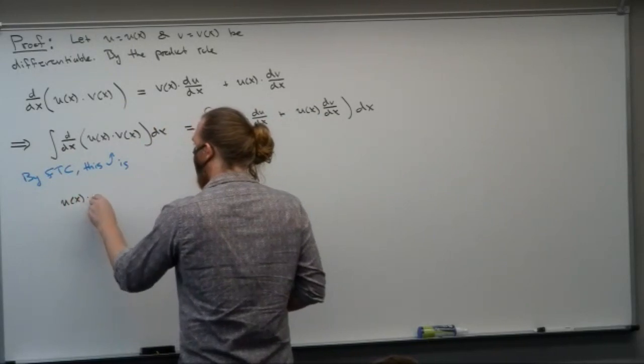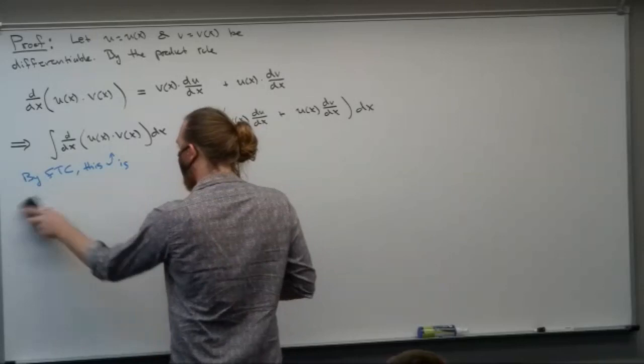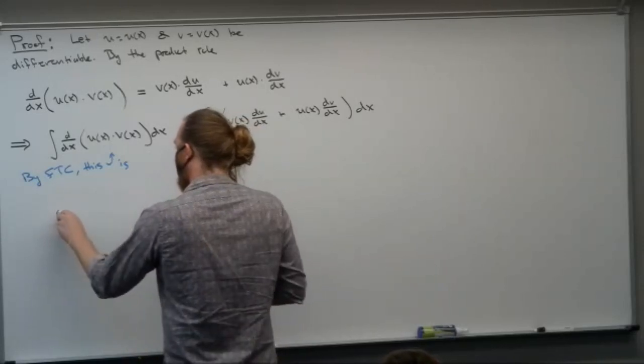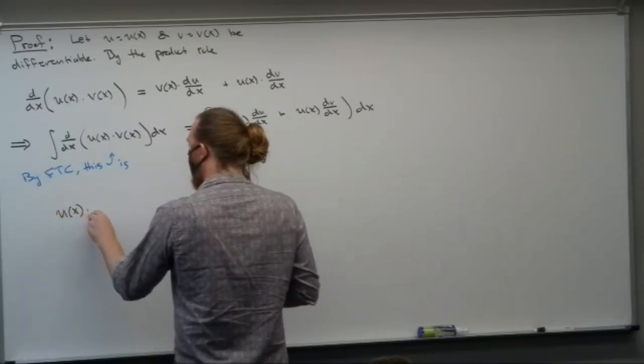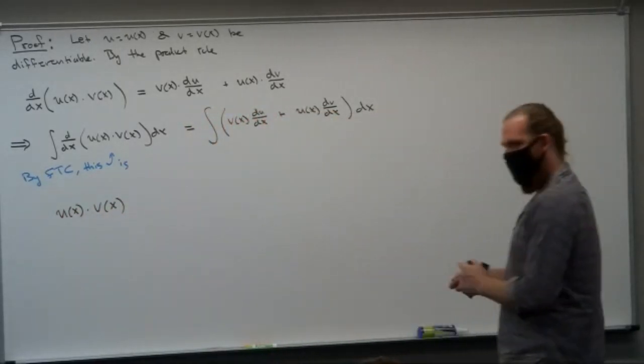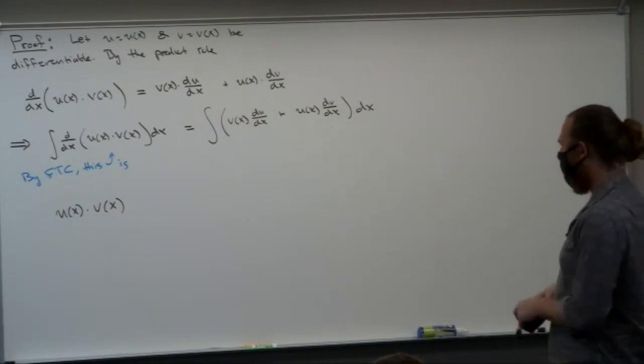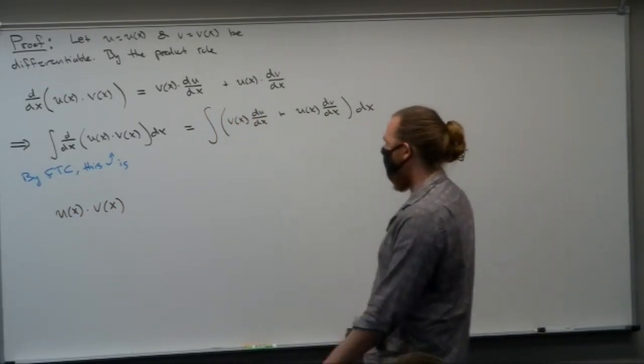U of x times v of x. The integral of the derivative of a thing is a thing. It's the antiderivative of the derivative.